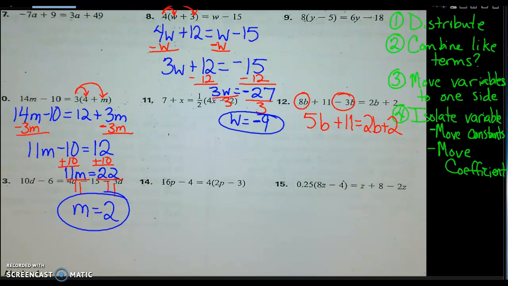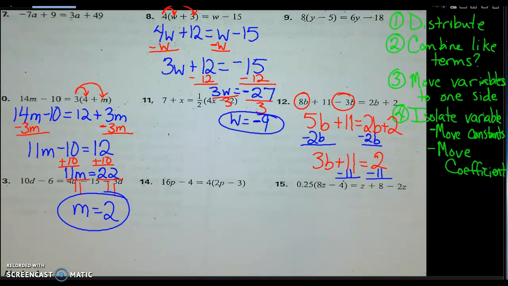Okay. Now, do I need to move variables? Yes, I do. I'm going to choose to move the 2b. So I'm going to subtract 2b from both sides. That's going to end up leaving me with 3b plus 11 equals 2. Now I'm going to move the constant. Minus 11, minus 11.